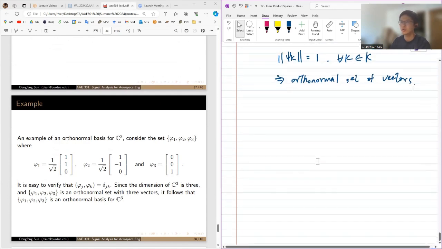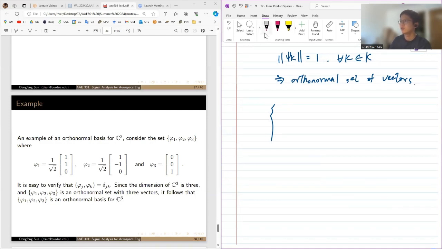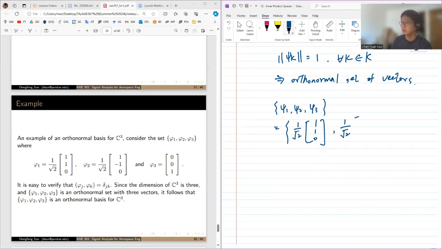So here I'm going to show you an example of an orthonormal basis for C3. Let's consider this set of vectors, phi1, phi2, phi3, and they are 1 over square root of 2 times (1, 1, 0), 1 over square root of 2 times (1, negative 1, 0), and (0, 0, 1).